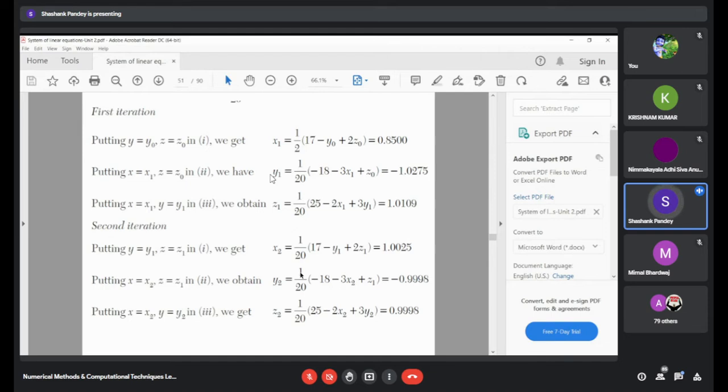So in the second iteration, you will get these values. Who got the correct answer? This is the second iteration. Okay, many of you got this.